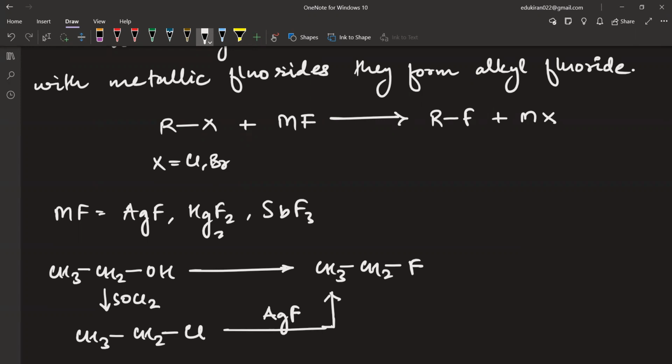Also, it is kind of an expensive reaction, because Ag, Hg, antimony, all of these are precious metals. They are costly. Actually, write this down. Let me know when you're done.